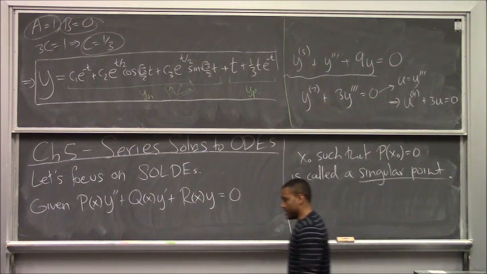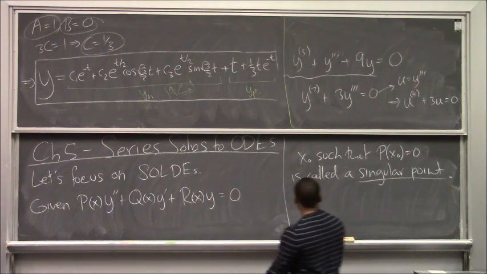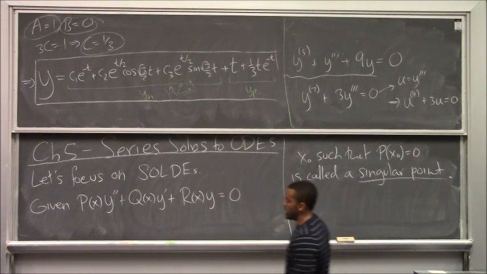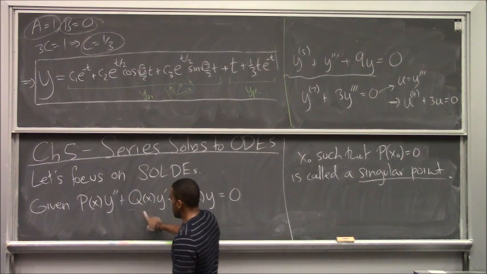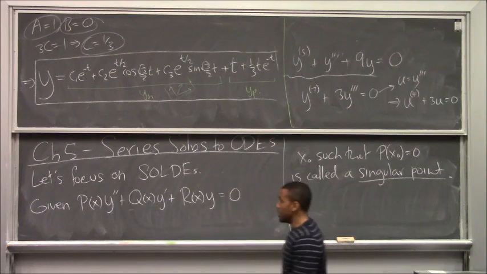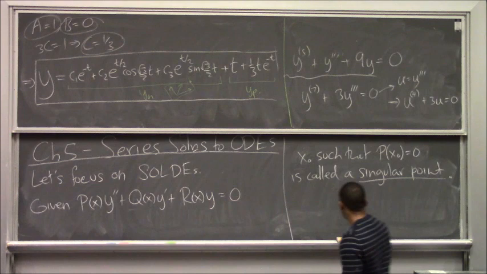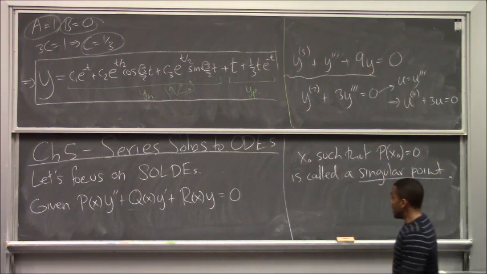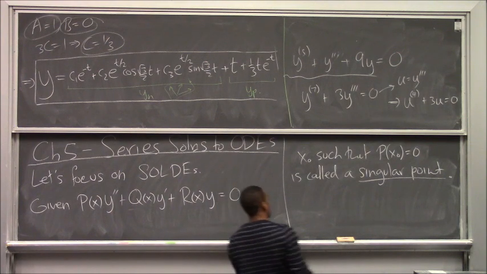Now, singular like the singularity where the Big Bang happened, stuff blows up. Why? Because if we were to put this in standard form, we would divide through by p, and notice that we would lose continuity if we divide by p. So where the first coefficient equals 0 is going to be an important thing for us to consider. We call this a singular point. We're not going to deal with those right now. We'll deal with those in like 5.4, something like that.